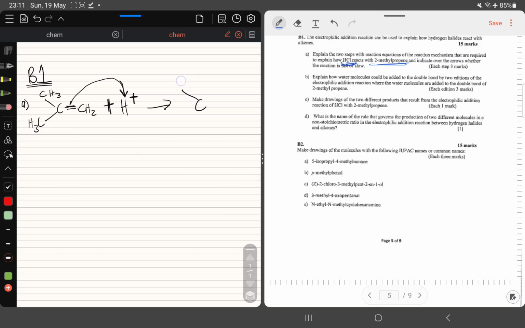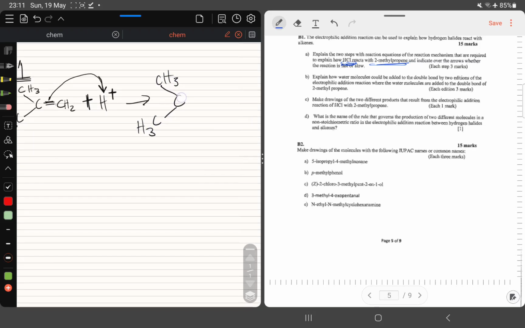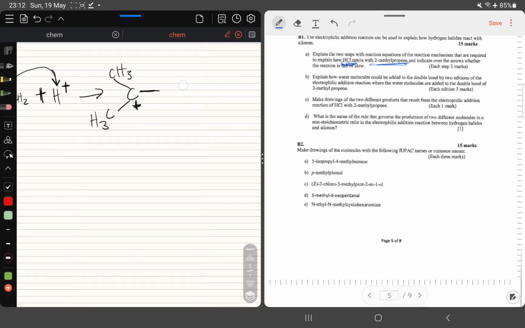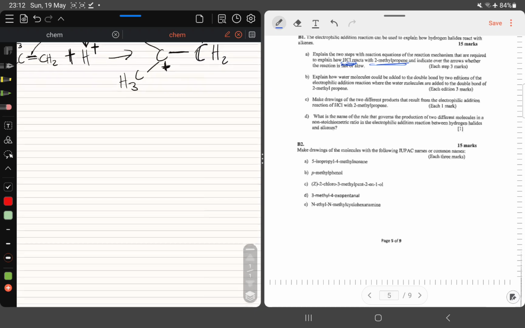Here C bonded to a CH3, bonded to a CH3, and then this is just a carbocation, because the 2 electrons will go and he will get nothing. Then he is going to be a CH2 bonded to another H, which is in actual fact a CH3 now. So this now becomes a CH3, but we just like to write it as CH2, then we show the other H that just came.